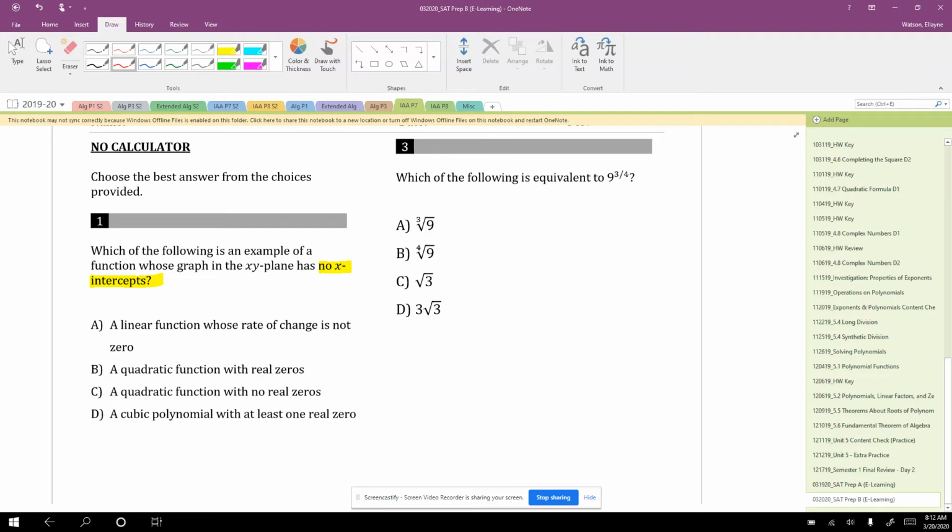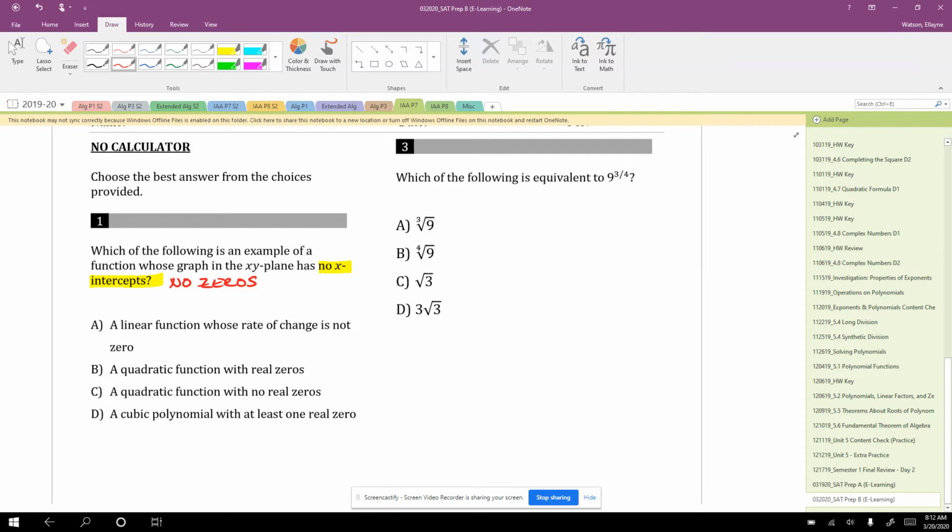So what this is really testing you on is vocabulary more than anything. No x-intercepts also means no zeros. And the reason I'm talking about zeros is if you look at the options, and this is one of the overall strategies for SAT, is looking at the options. The options can give you a hint as to how you should approach the problem.